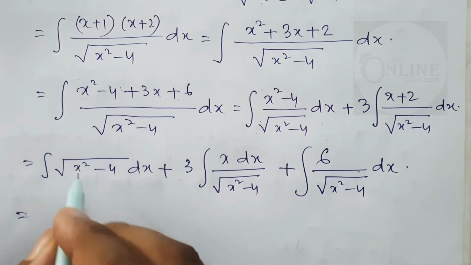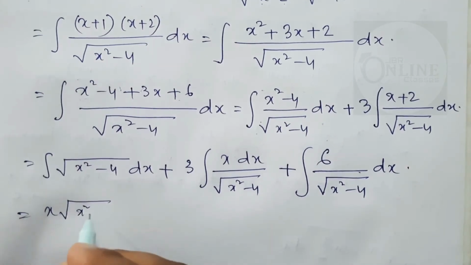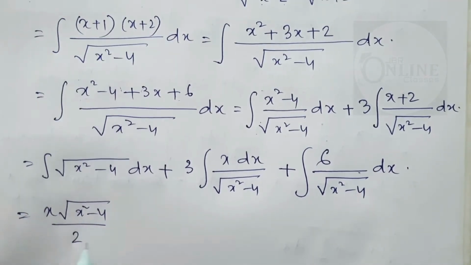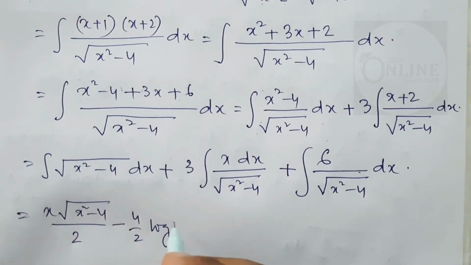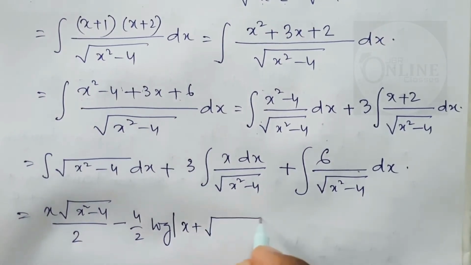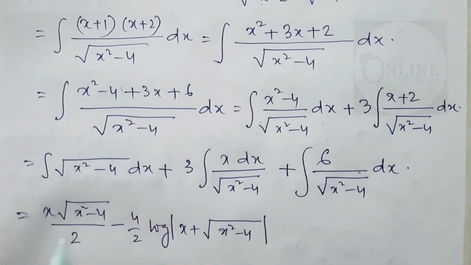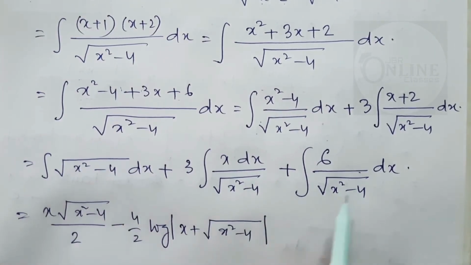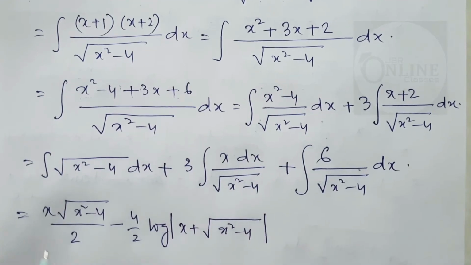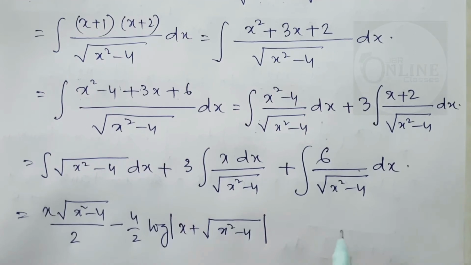For this the formula is x into root over x square minus 4 divided by 2, minus 4 by 2 into log mod x plus root over x square minus 4, and that's it. This is the formula for this integration only. You can find these formulas in any book; this is a standard formula.